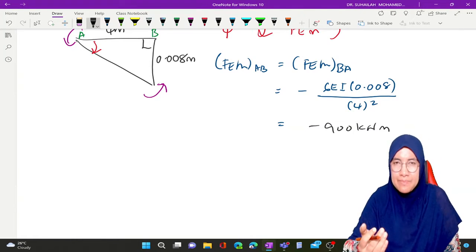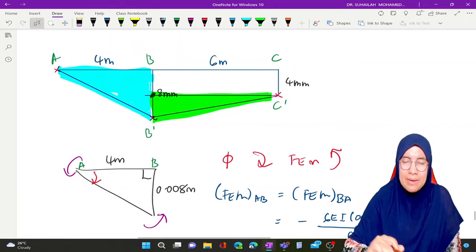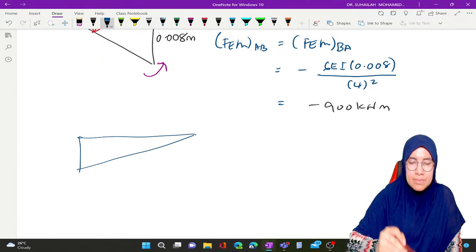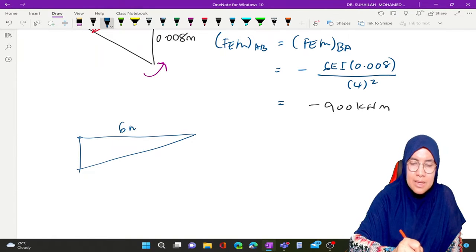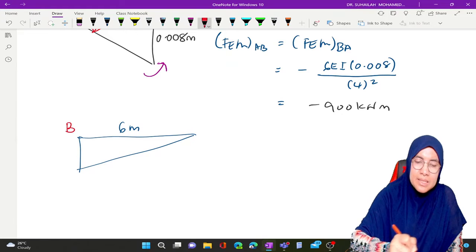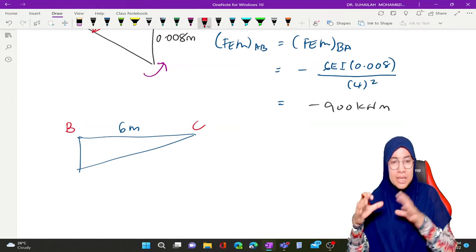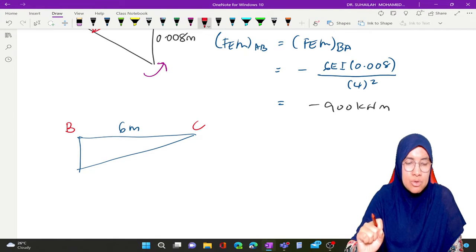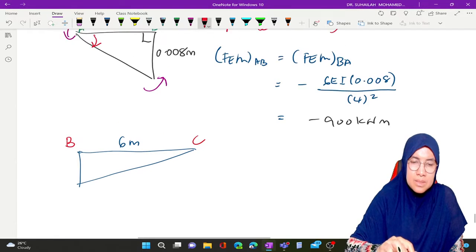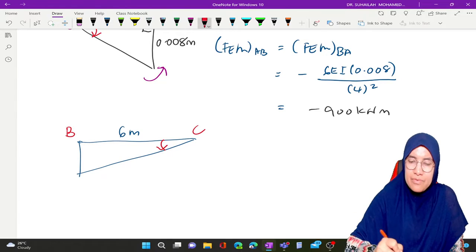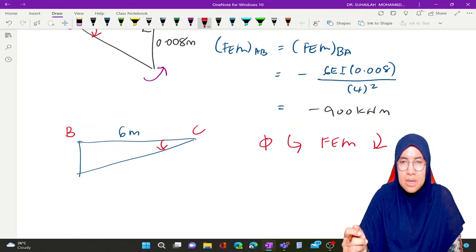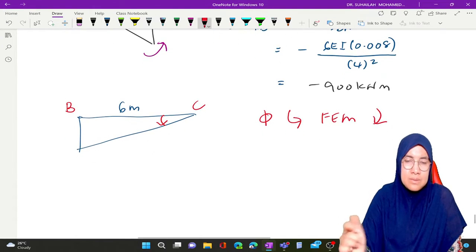So what about BC? The green one, the triangle. The length is 6 meter. This is B and C, representing the triangle for BC. The angle is negative, the chord rotation is negative, so FEM is positive.